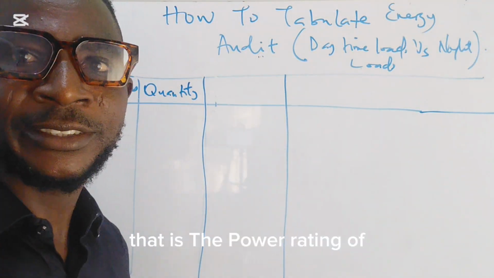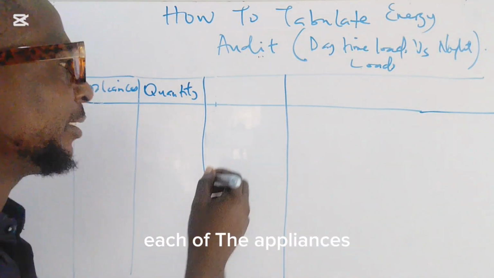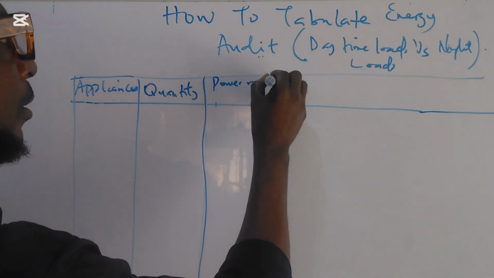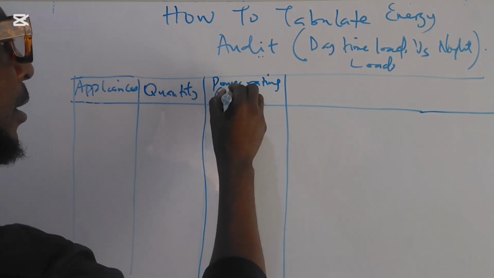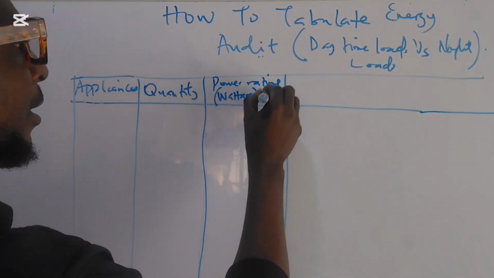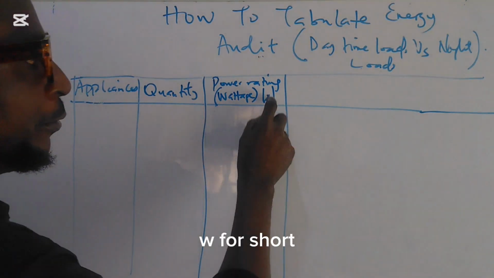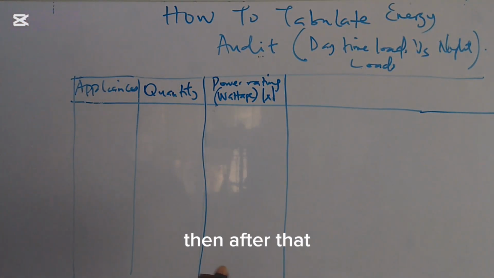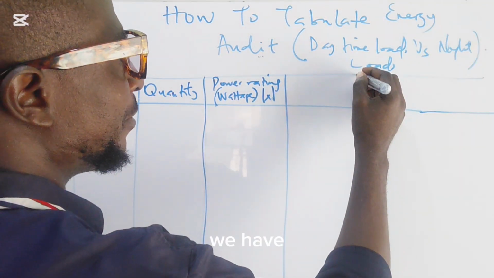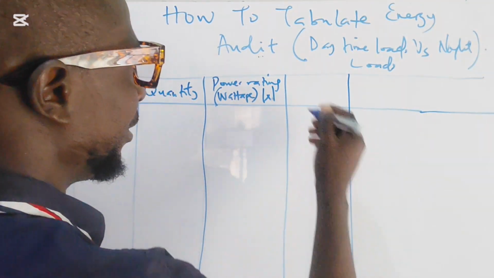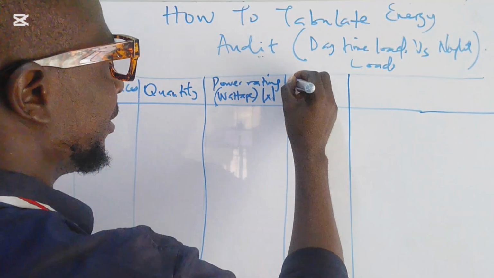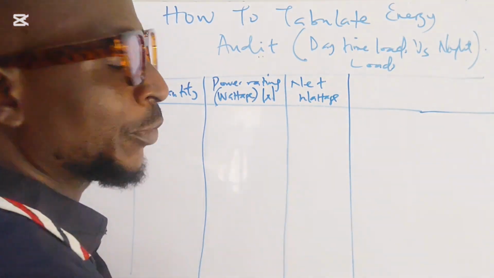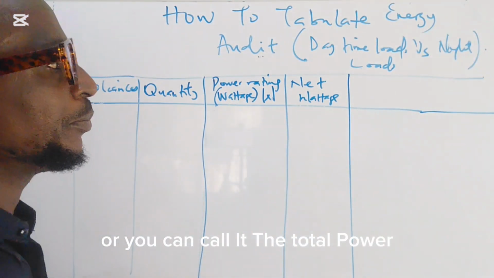That is the power rating of each of the appliances. You say power rating, or what we call the wattage, W for short. Then after that, we have the net wattage, or you can call it the total power.